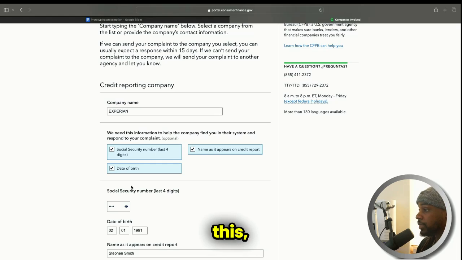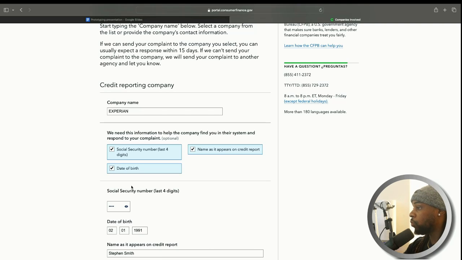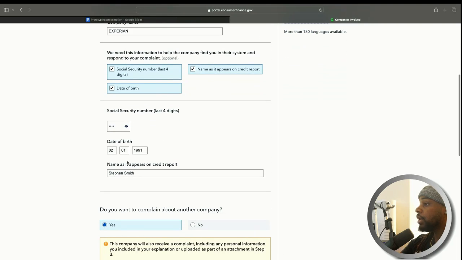So when you do this, here's the cool thing. You never dispute 2 different charge offs or repossessions at the same time on one dispute. But the cool thing is, when you're submitting this through the CFPB, you can do one account, but you can submit it to all 3 credit bureaus at the same time.